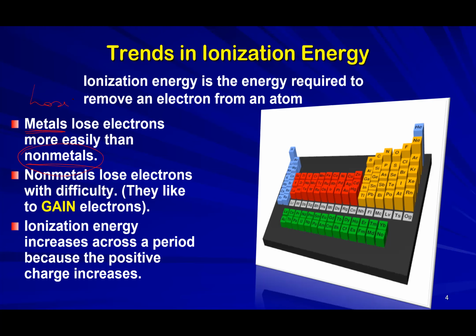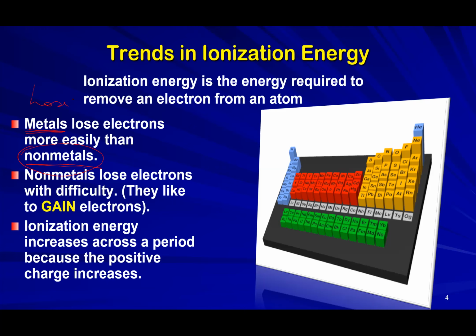And then ionization energy increases across a period because the positive charge increases. The number of protons in the atom increases. We know that when you move across the period, there is a decrease in atomic radius. And that shows how ionization energy will vary.